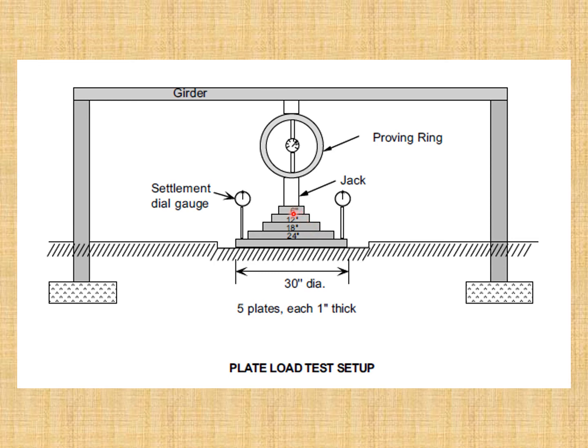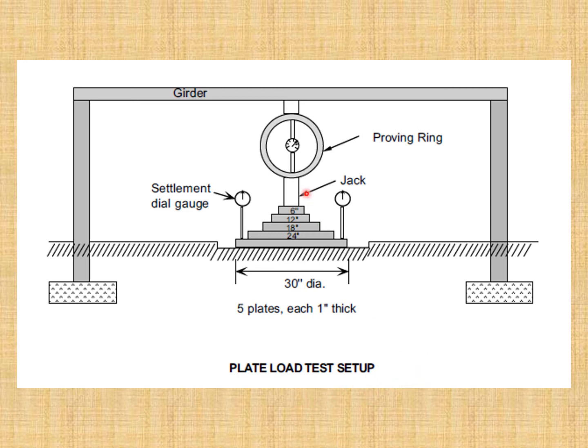In this way, we provide stability to the standard plate of 30 inches diameter. The settlement dial gauges are connected, one over here and one behind that, at equal distances. So this is the plate load test setup.